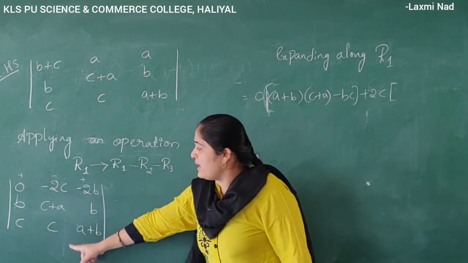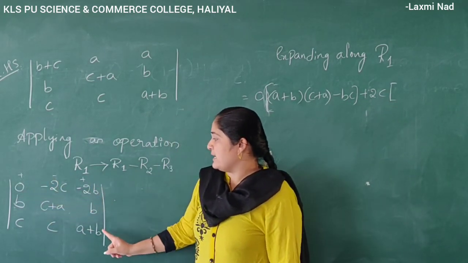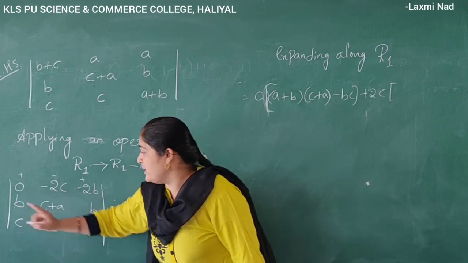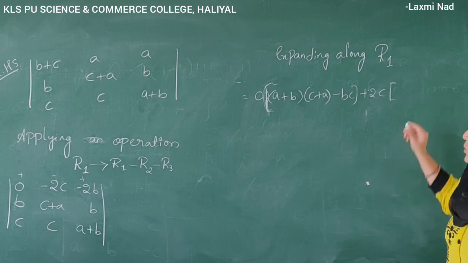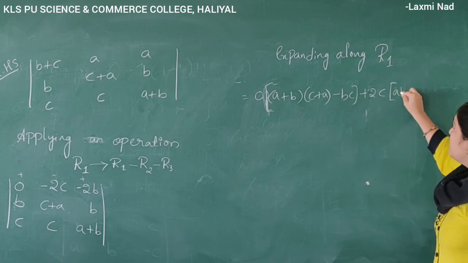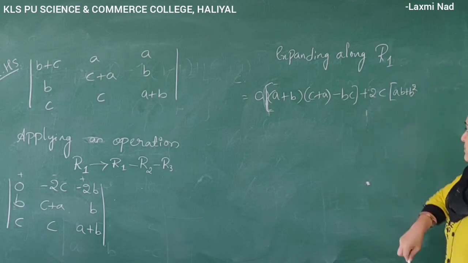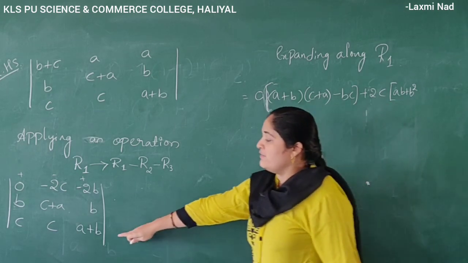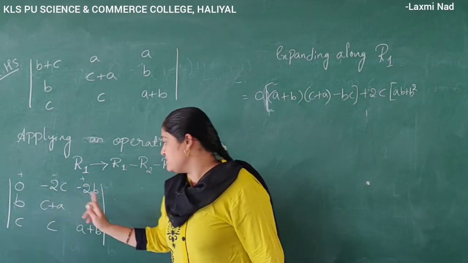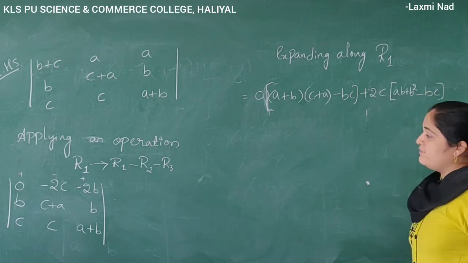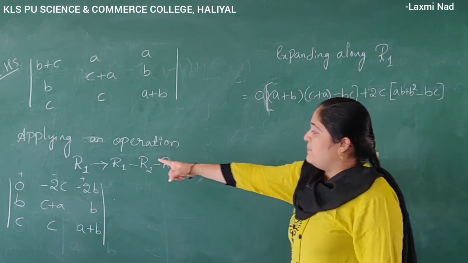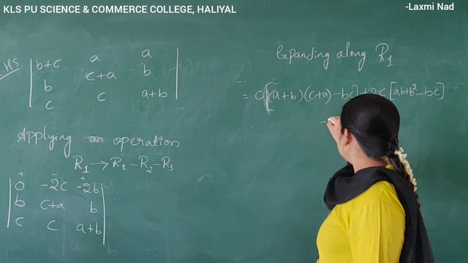Deleting that row and column, you will get A plus B into B. If you multiply A plus B by B, what do you get? The first term AB and the second term B square. Because for A plus B, we are multiplying with B minus B. And for the third element, plus into minus is minus 2B.